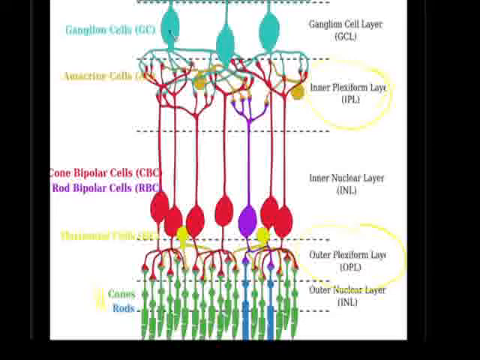So I'm going to simplify that with a little diagram. So we start with our photoreceptors. Then we have the bipolar cells.